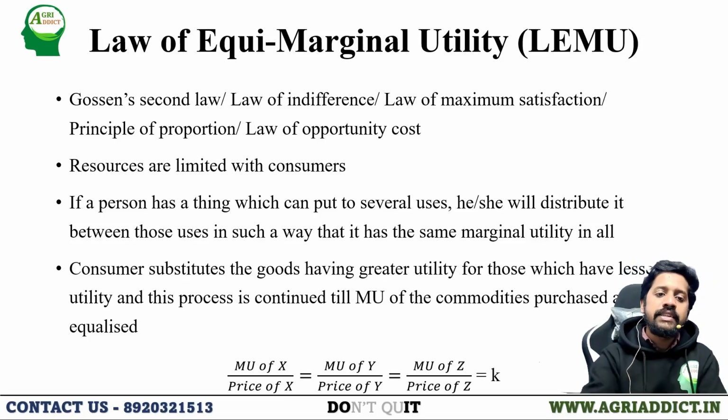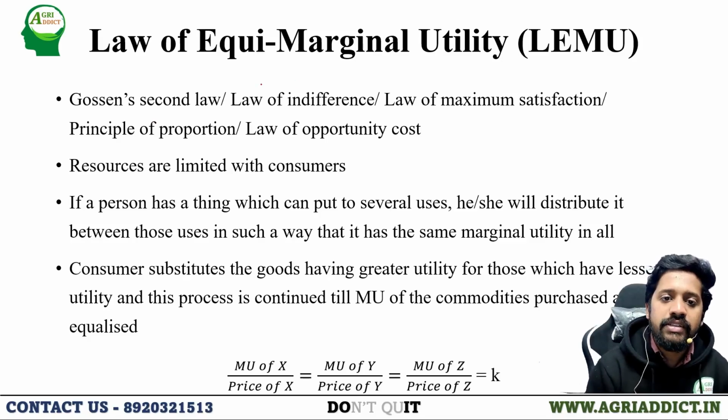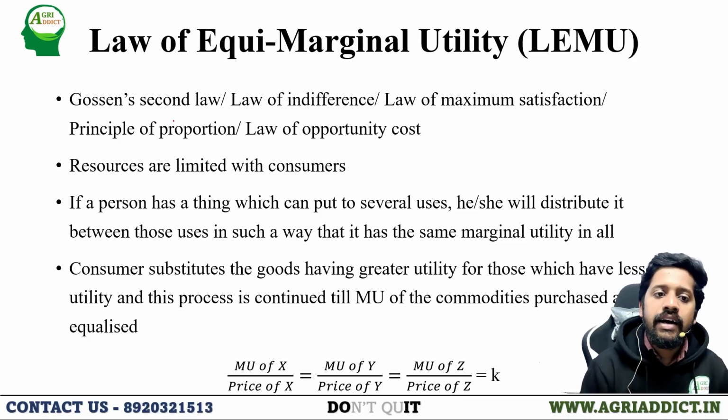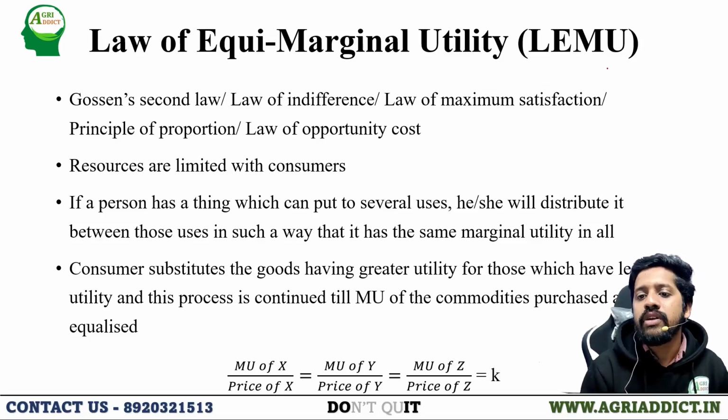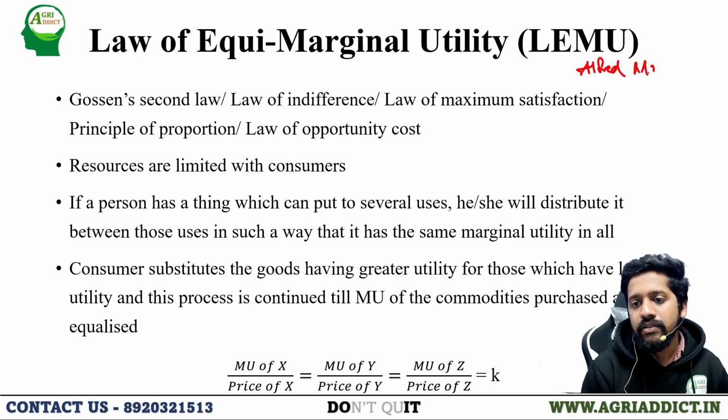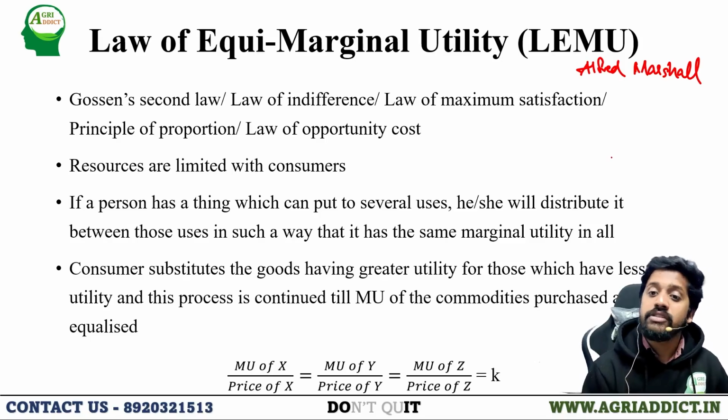And there are some other important terminologies for this law of equimarginal utility. H.H. Gossen formulated this law earlier, and it was later developed by Alfred Marshall. The law of diminishing marginal utility as well as the law of equimarginal utility was developed by Alfred Marshall. That's why the cardinal utility approach is also known as the Marshallian approach.